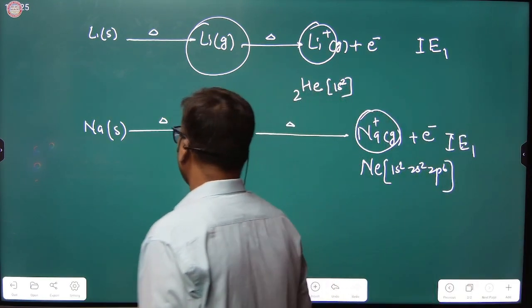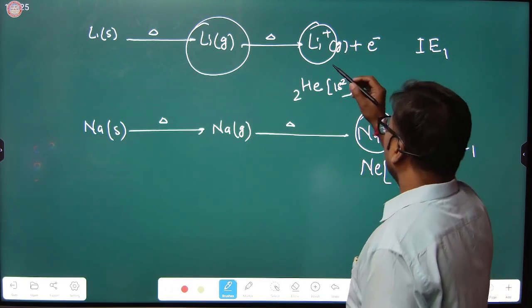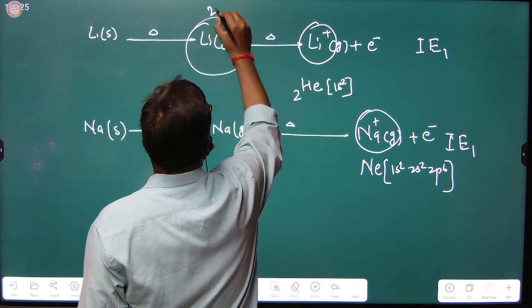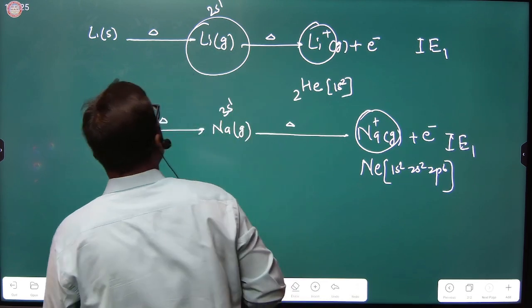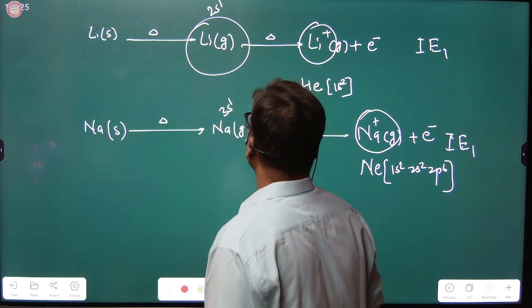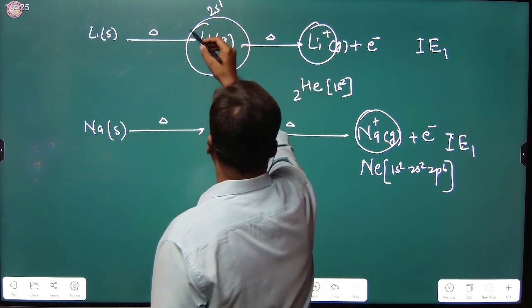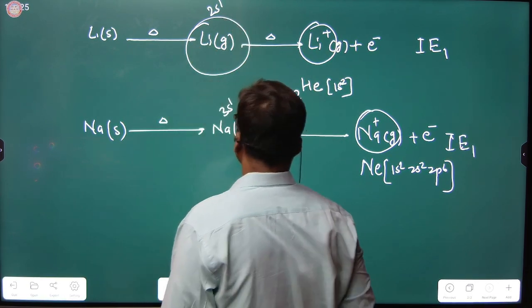So what do you expect? Because the valence electron in lithium is 2s1, and in this case 3s1, the distance from the positive charge nucleus to the outermost electron is a little larger for sodium.